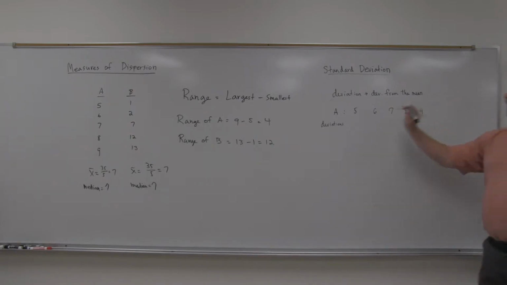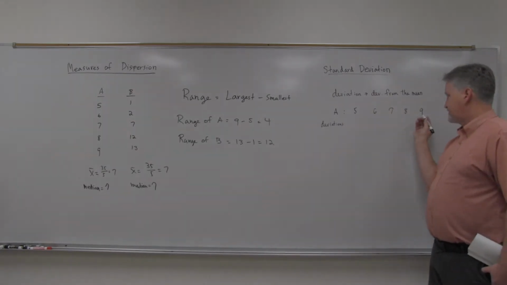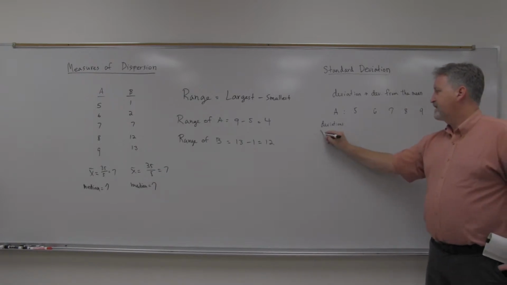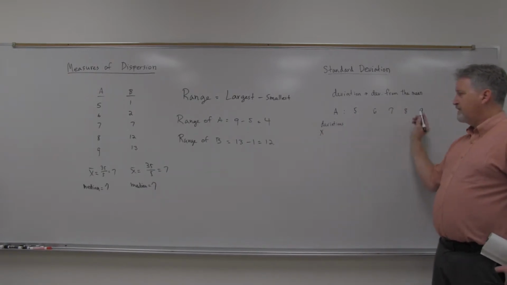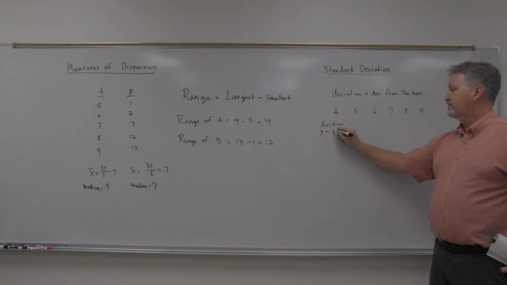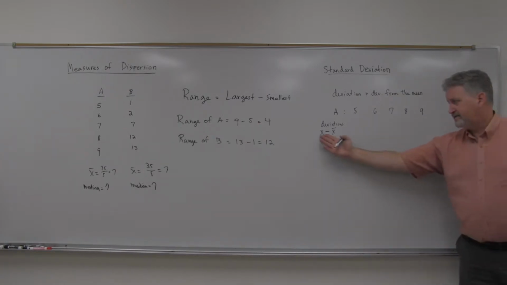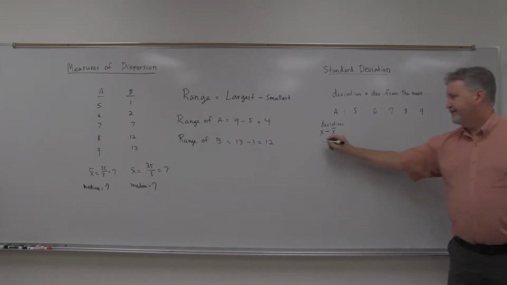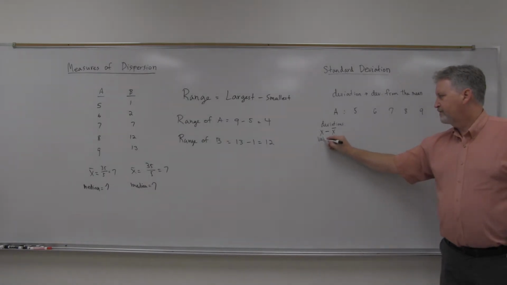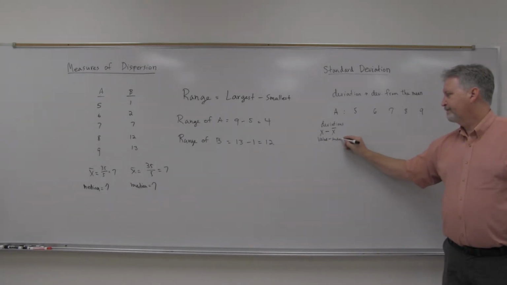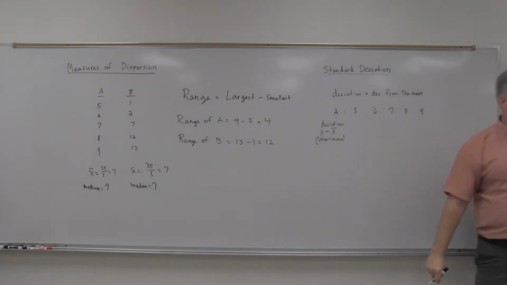So the way I calculate is, let's just call one of the values X. I take the X, whatever the value is, and just subtract the mean. That's how you get it, if you want a formula, that's the formula. You take the value minus the mean. So one way you could write it is x minus x bar. Or you could just say value minus mean. Okay, that's what that means.